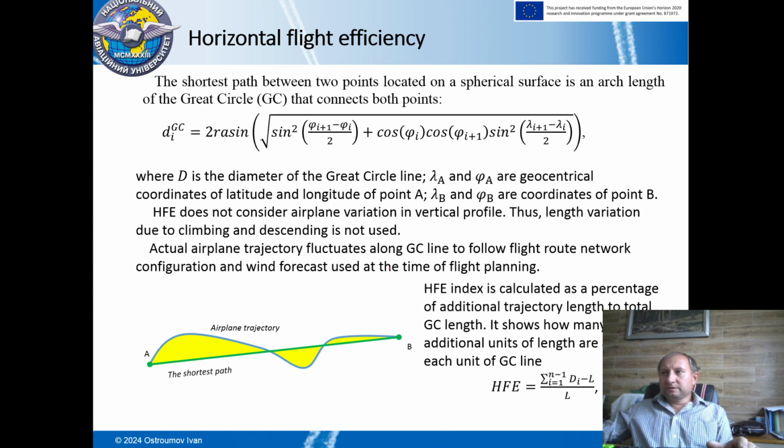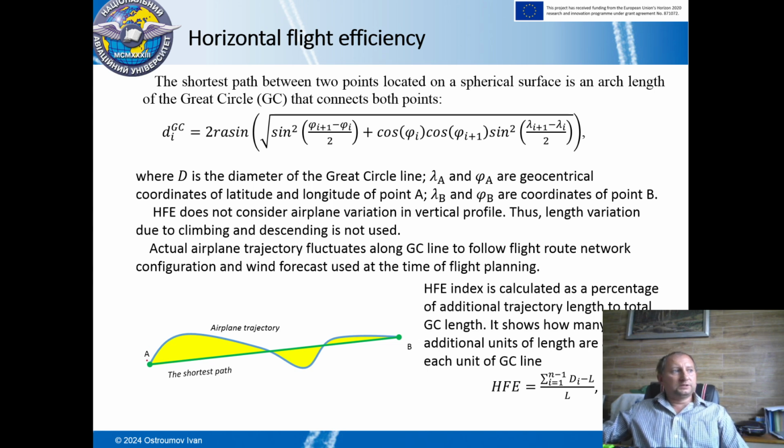There are approximately 3 basic formulas by which we could calculate horizontal flight efficiency. However, in air traffic management, the most commonly used formula grounds on the shortest path between departure and destination places.